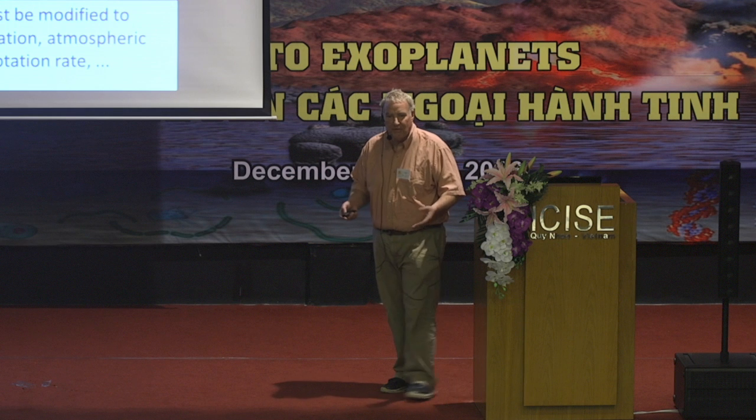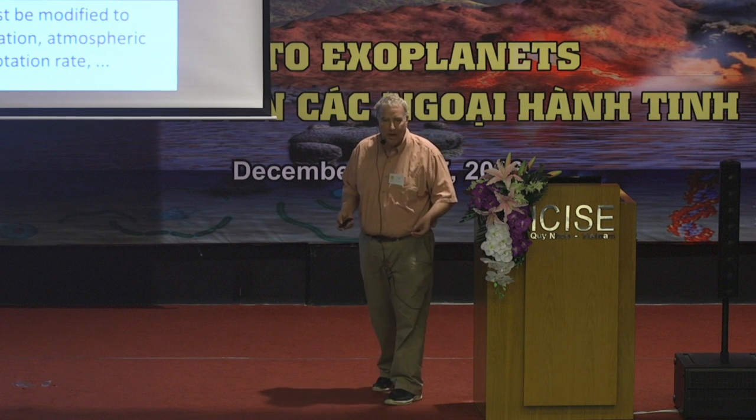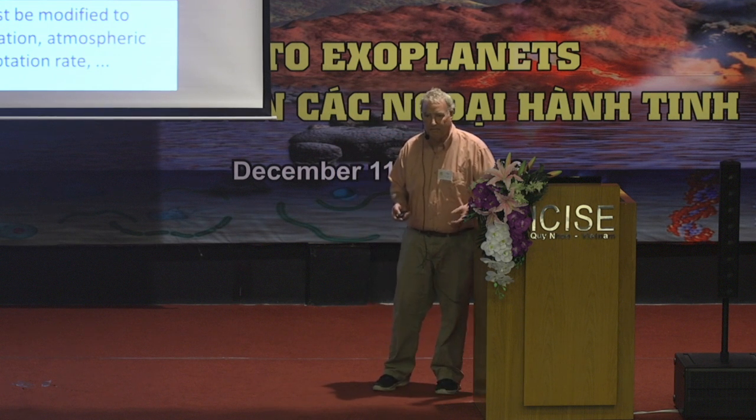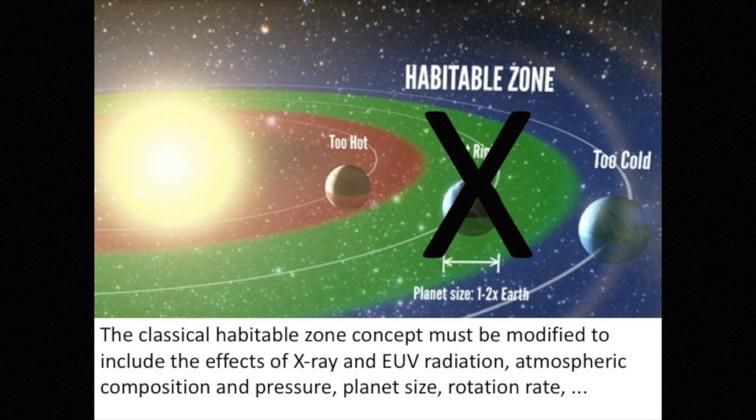So, as I've described, this is a useful concept, but it's certainly not a sufficient requirement for planets to be in the habitable zone of their star. We must consider the effects of X-ray and extreme ultraviolet conditions, as well as cosmic rays, as I will describe, and also, of course, all of the geological properties and atmospheric properties.